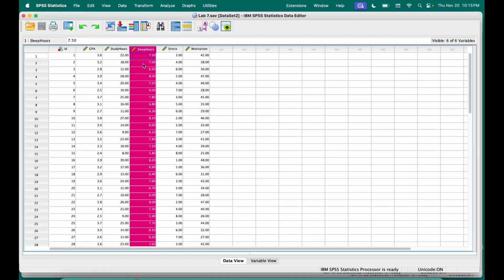Those are distinct groups, whereas hours spent studying, sleeping, stress levels using a Likert scale, motivation using a Likert scale, or compositing those scale items, and GPA, can all be considered scaled or continuous items, which we cannot use as predictors for an ANOVA or t-test because they're not distinct groups to test against one another.